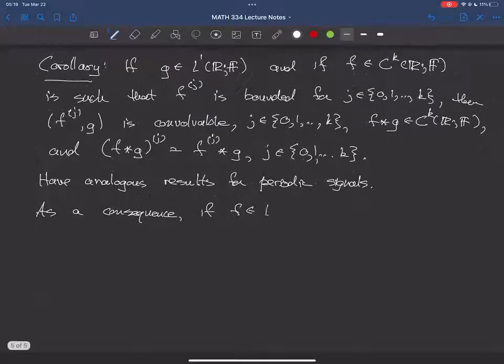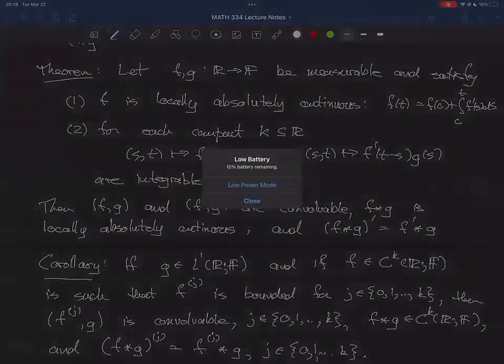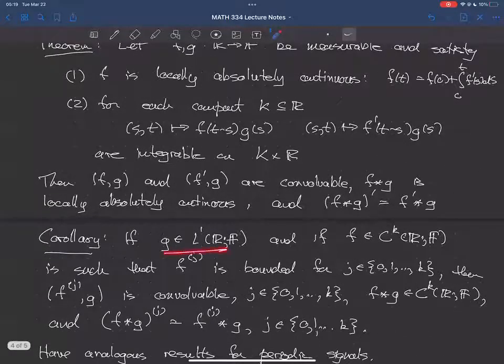So if f is in L1 loc, and so that's different from what I did here, where I assumed that g was in L1.